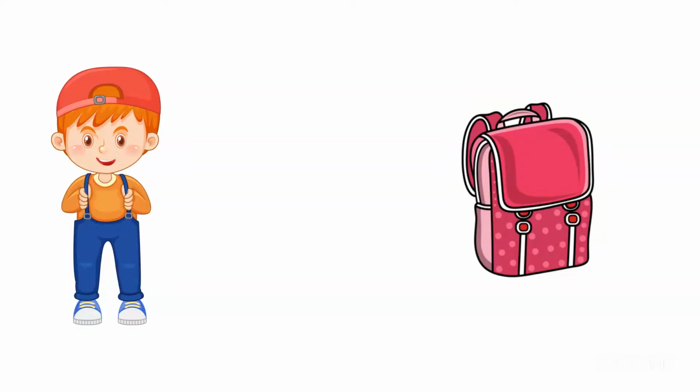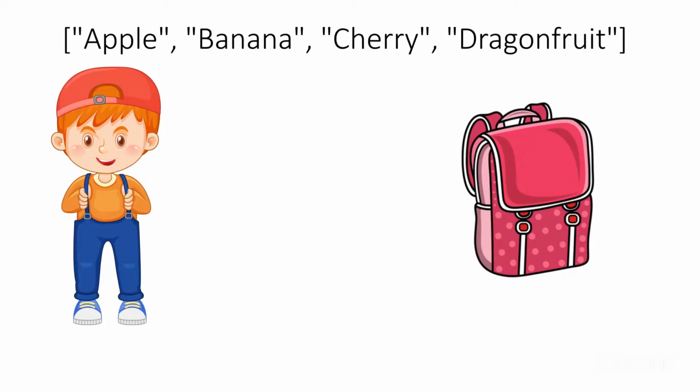So Arav started his journey to a forest, and at the starting of the forest, he found a lot of fruits. Then he picked up the things and started storing in his bag. He found apples, bananas, cherries, dragon fruit, and he's storing them.